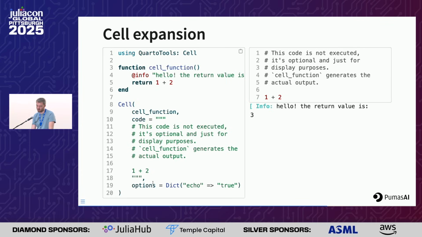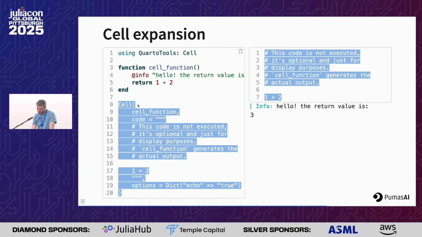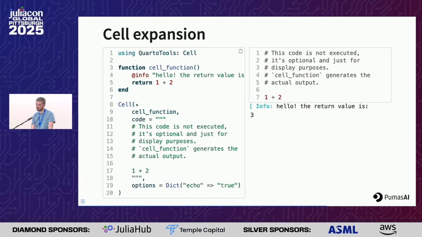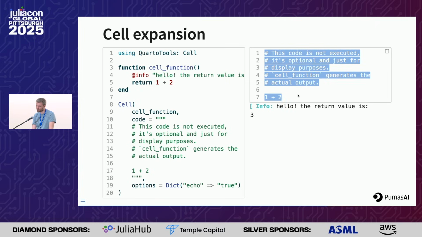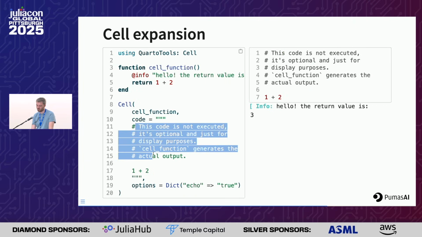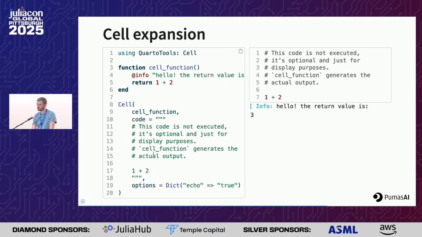These options correspond to the cell options I showed you earlier, like these specific Quarto settings you can add to a code cell. If you then return such a cell in a Quarto notebook Julia code cell, the output would look like that. It looks like there had been a code cell written there which repeats the code that was here, which was not actually executed, right? It's fake, basically. And then the output of this function that's being run.